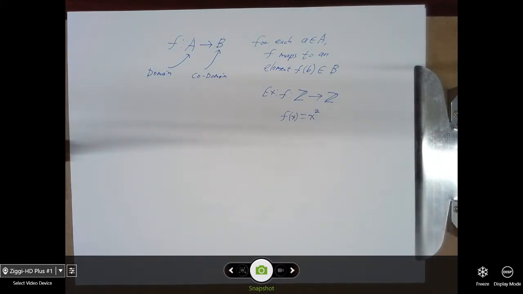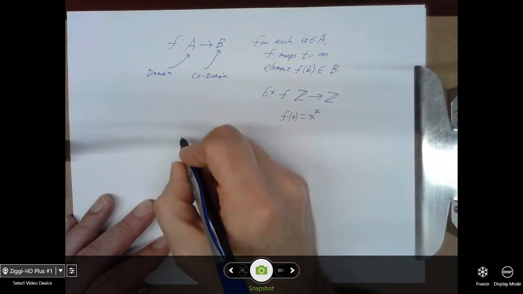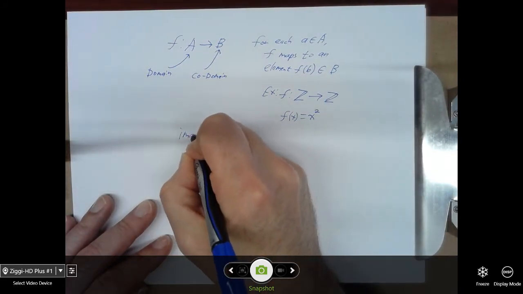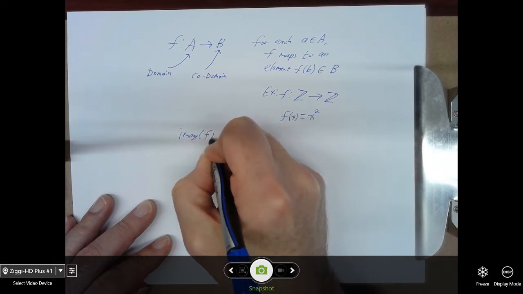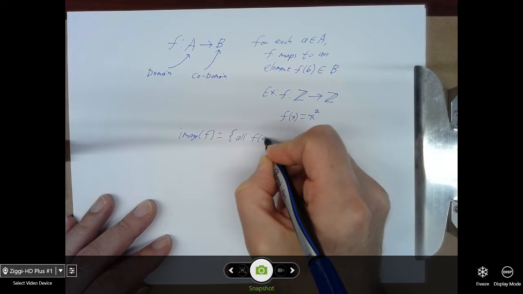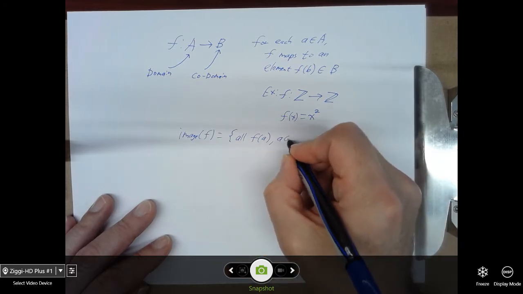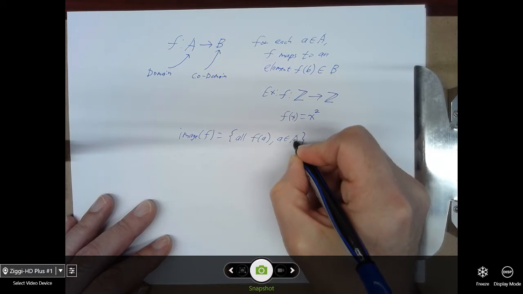So there's a subset of the codomain which we call the image, which is the set of all functions applied to a, where a comes from the domain.